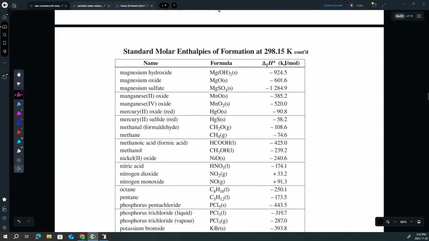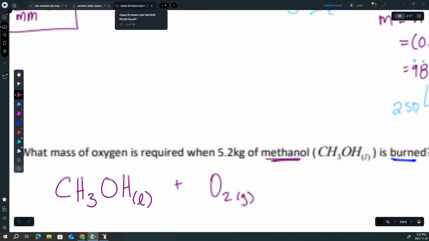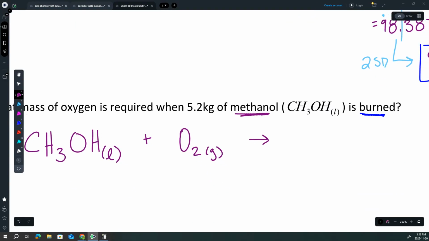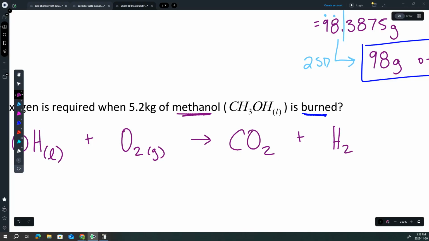So if you're ever given a name of a hydrocarbon and you're not sure what the formula is, sometimes you can look it up on page 4 and 5 of your data booklet. Okay, so as I said, because this is a hydrocarbon, we're going to be getting carbon dioxide and water vapor as products.